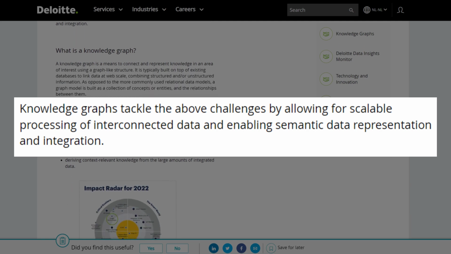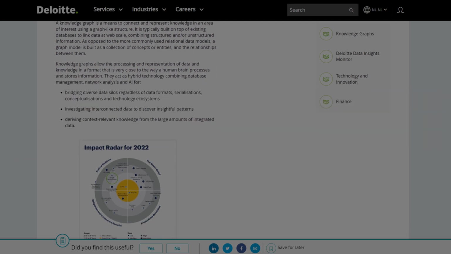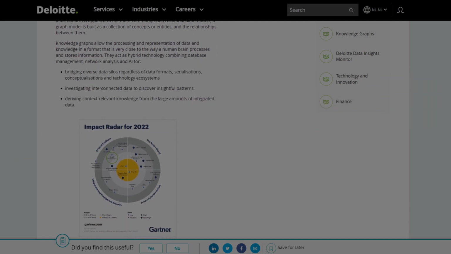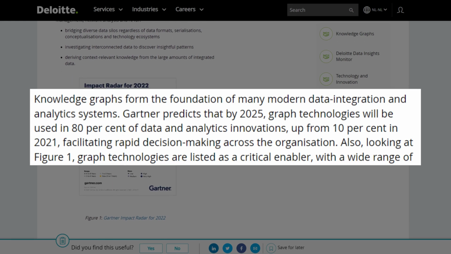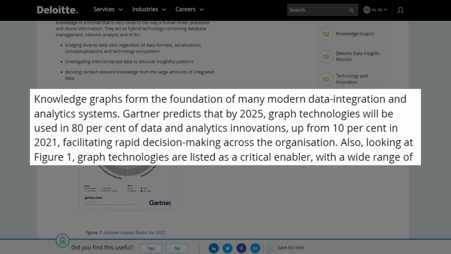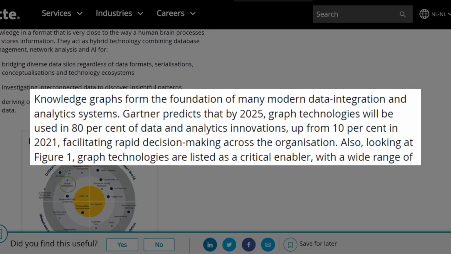But this is also where we start seeing the anticipation for the growth of knowledge graph technologies. Deloitte also goes on to say, knowledge graphs form the foundation of many modern data integration and analytics systems.